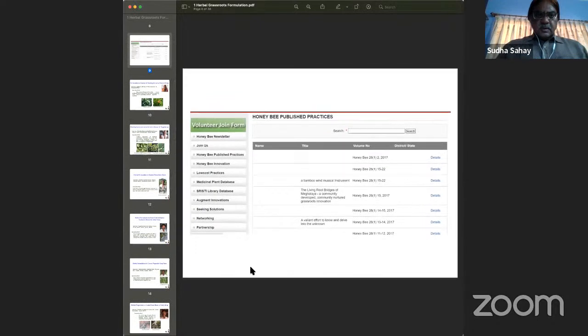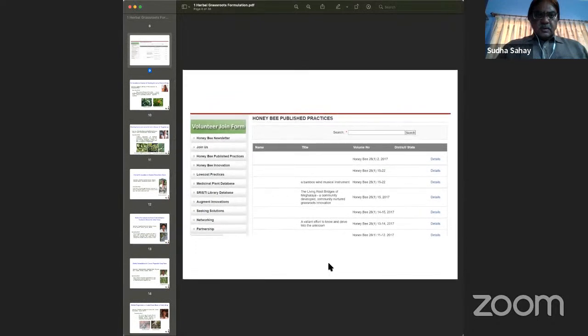Through this slide, I would like to show you how we can look at some of the practices from the SRISTI database. In the coming slides, I will show you how to go to the library site of the SRISTI database.